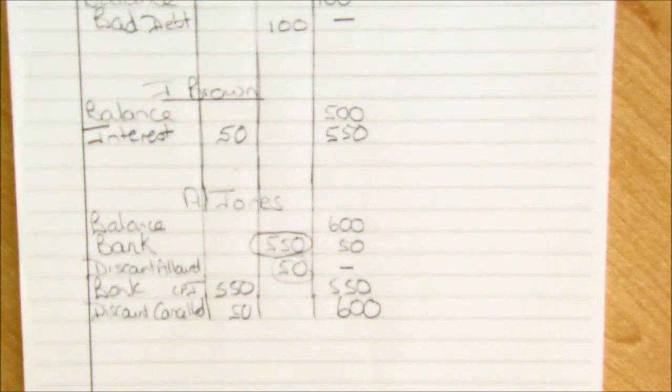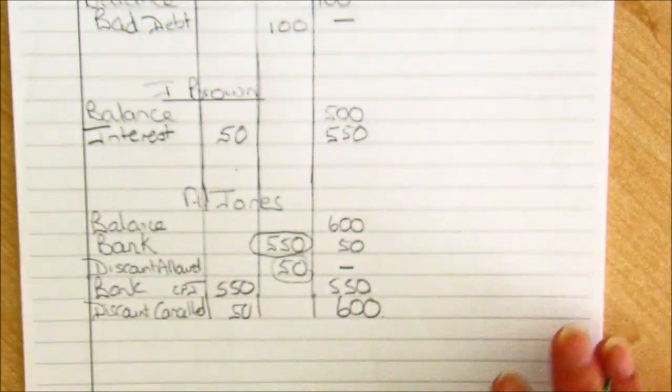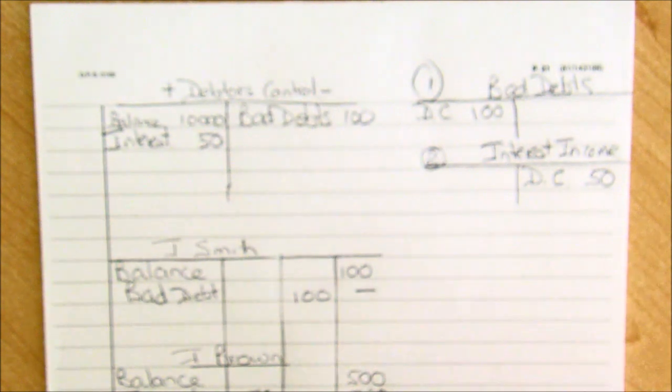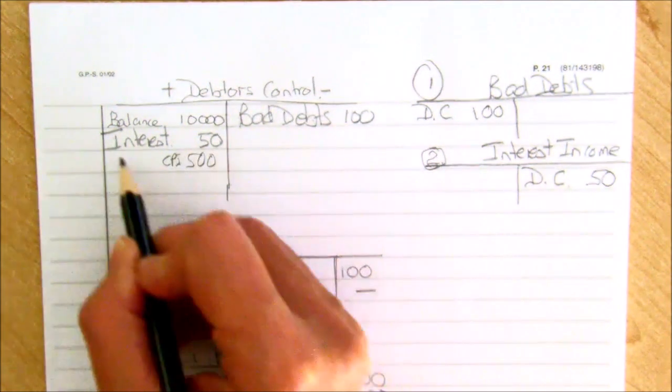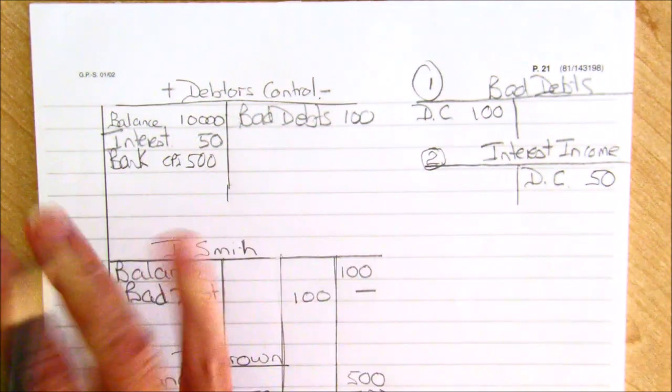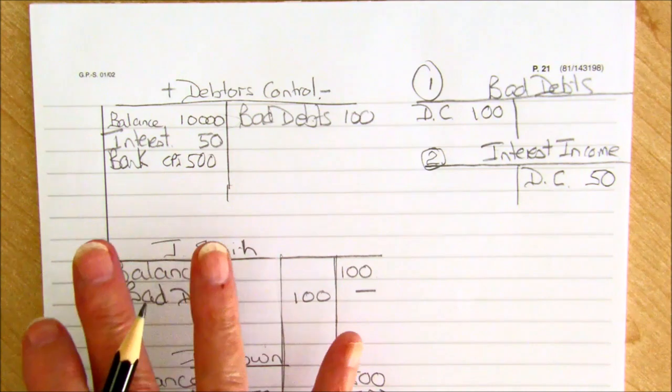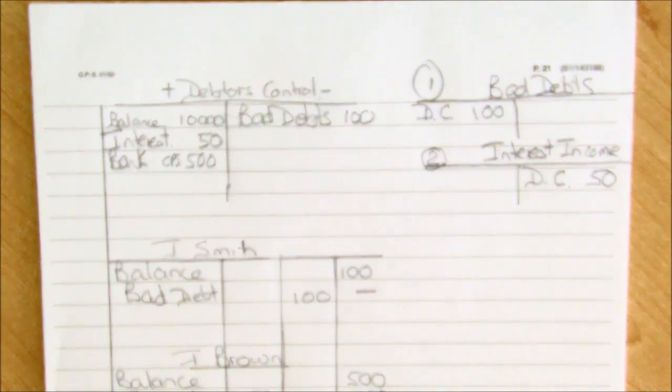Now again, if you've done the entry into the individual accounts, you're going to have to do it into the debtors control account. And so your debtors control account will first of all have been debited from the cash payments journal with bank. So that part of the entry is not something new you've done before, and you'll carry on doing it as you've done it before.